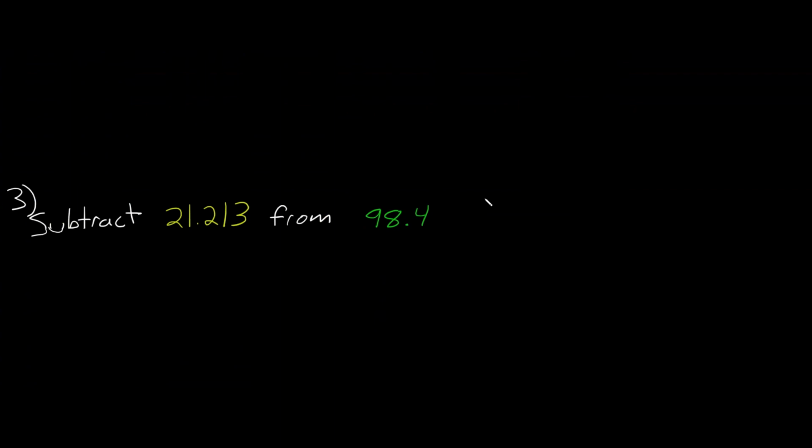The next problem says subtract 21.213 from 98.4. So we can go ahead and write this problem down as well. 98.4. Make sure to line up the decimals here. 21.213.